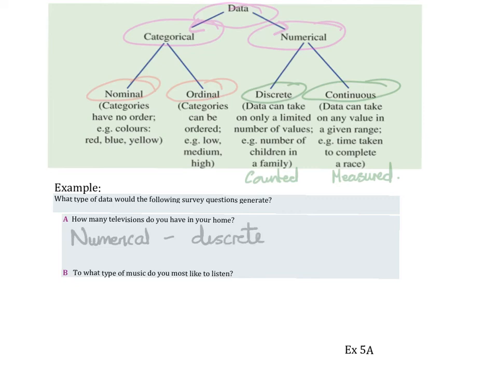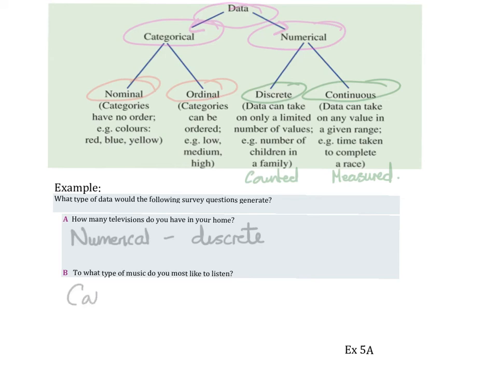So numerical, discrete. The next one, what type of music do you most like to listen to? So if people were answering that question in the survey, they might say jazz, blues, rock, rap, punk. So there's so many options there, but they are all words that they're using.